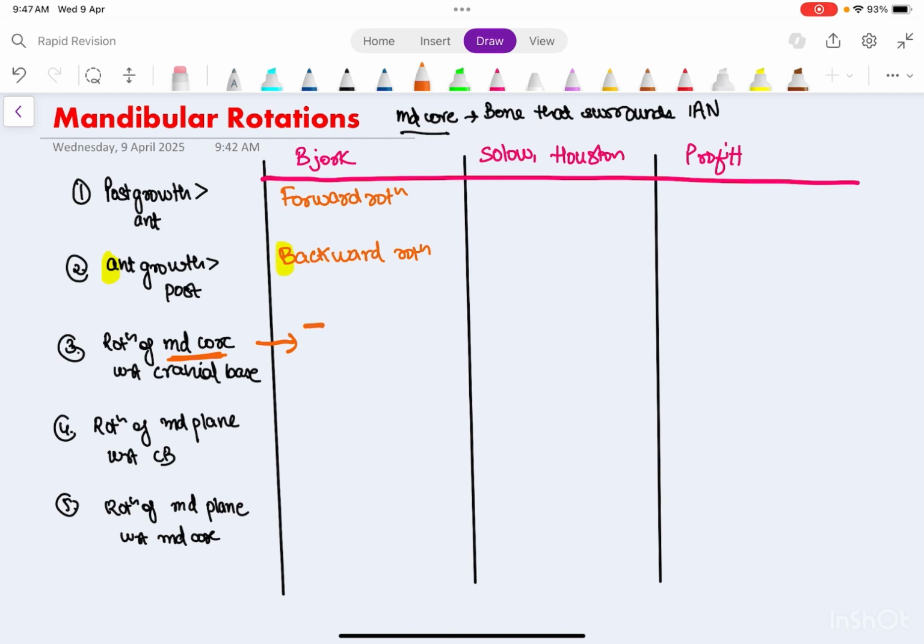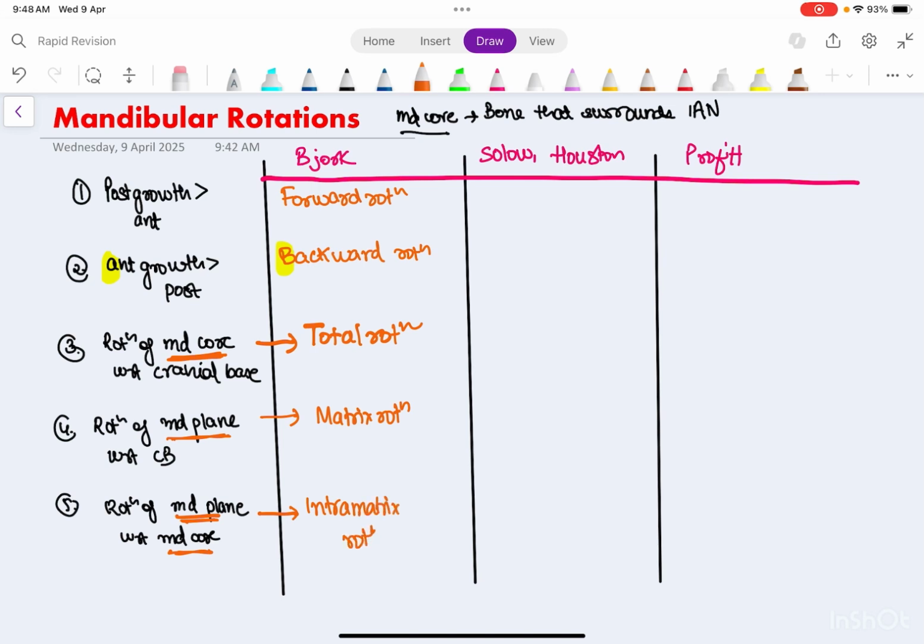So he took mandibular core as the main, and he called it total rotation. Then he thought about mandibular plane also. Mandibular plane is made by the mandibular core, right? So he called it matrix rotation. And mandibular plane and mandibular core are being compared internally, so just think of it as intramatrix.